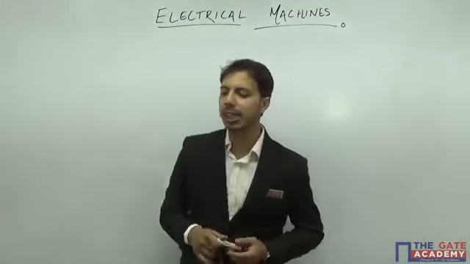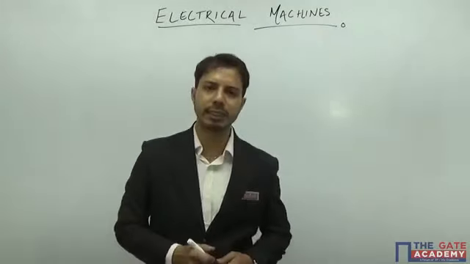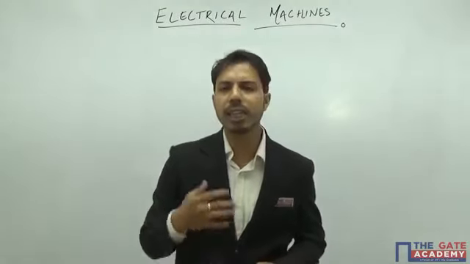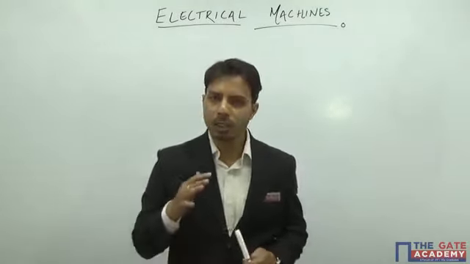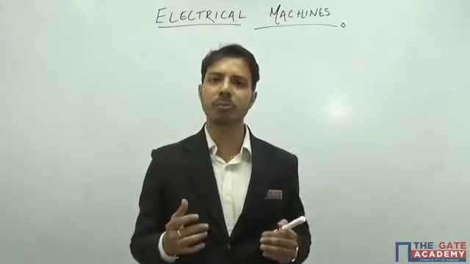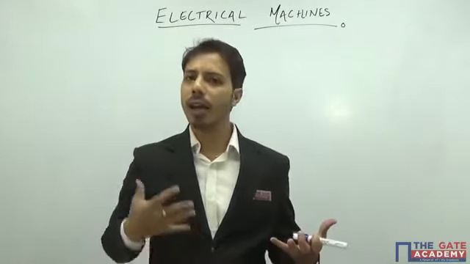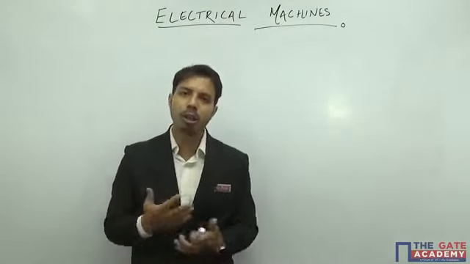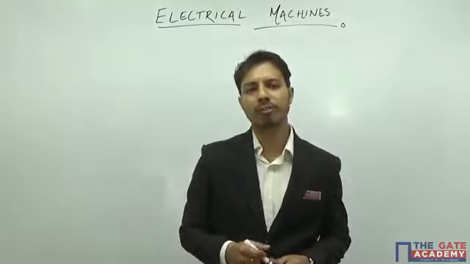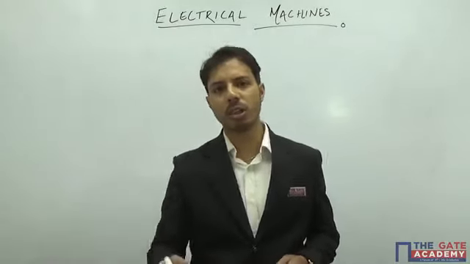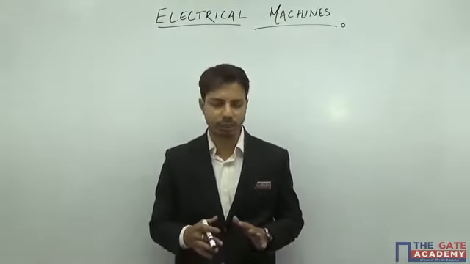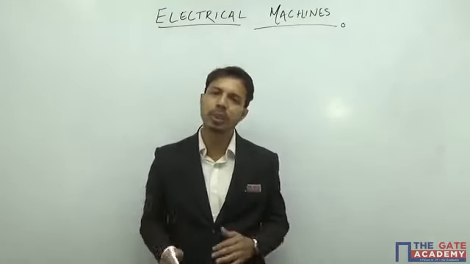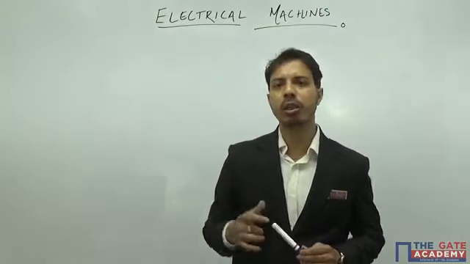Then there was a scientist called Hans Ørsted, and he gave a statement. He said that no, there is a relationship between electric field and magnetic field. Due to that, all the laws that we see, Faraday's law, Ampere's law, Weber's law, whatever law you take, and this complete advance of our technologies, whatever we have today, is because of this breakthrough relationship.